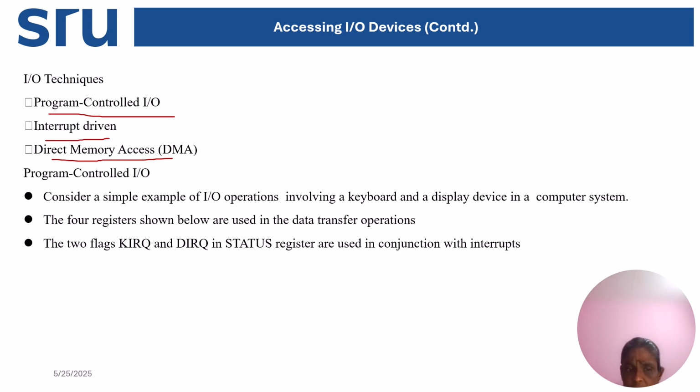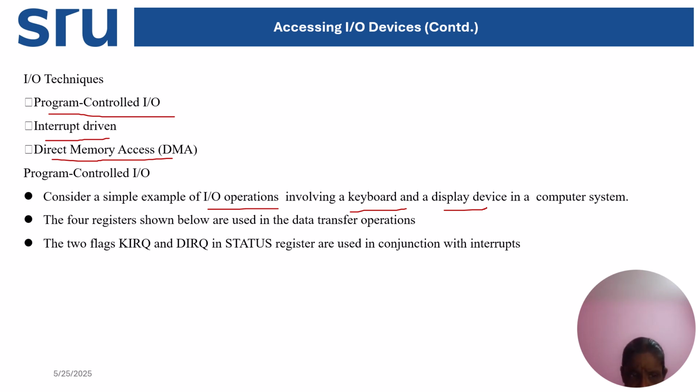Consider a simple example of I/O operations. Input means through the keyboard we are giving the input to the processor, and display is the output device through which we can read the data. I mean we can read the output from the computer after calculation. There are four registers, which will be seen in the next slide.